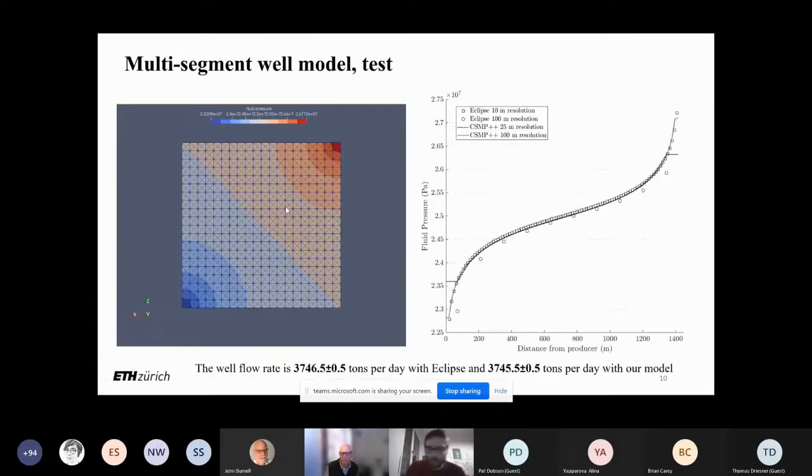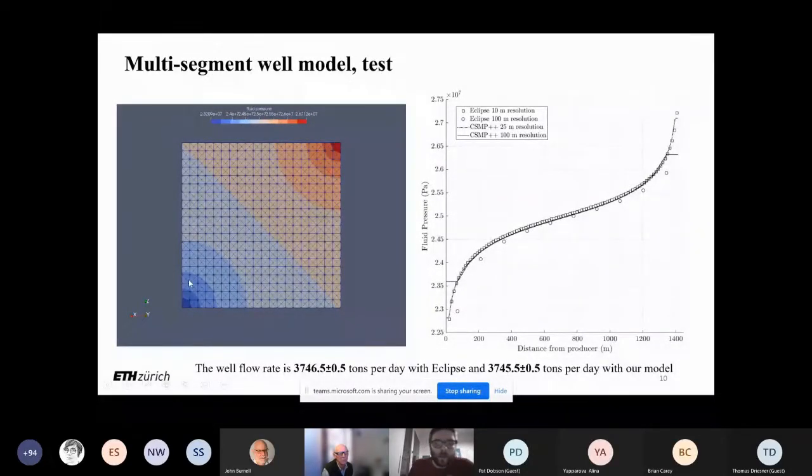So just again to reiterate on the small test we made to check if the implementation of the source terms was right in our model, because that was a very critical aspect of the model. So we did this quarter five-spot simulation with a 1 by 1 kilometer square with an injector on one side and a producer on the other side.